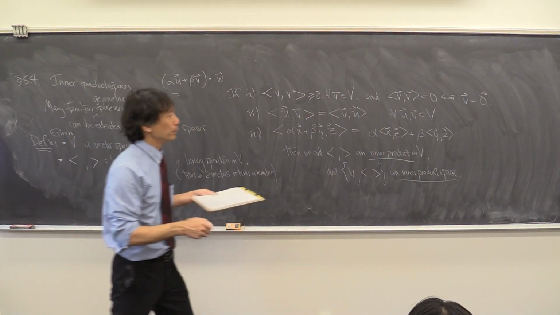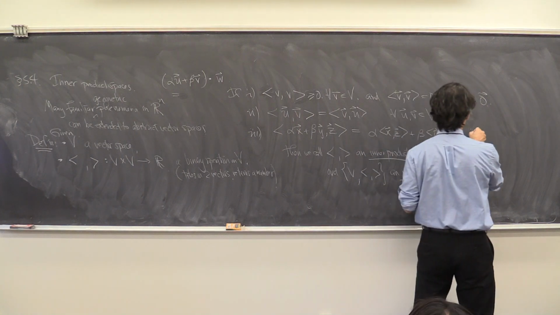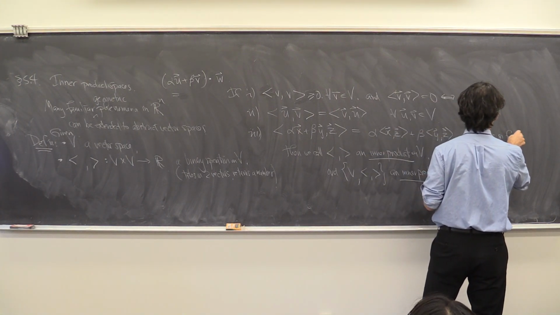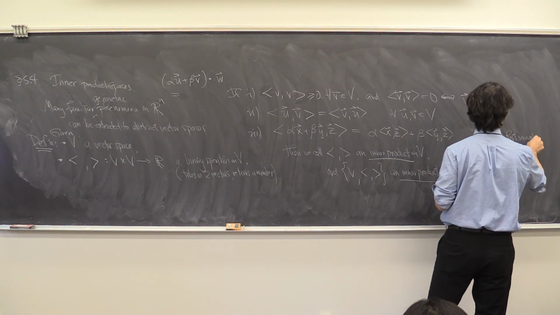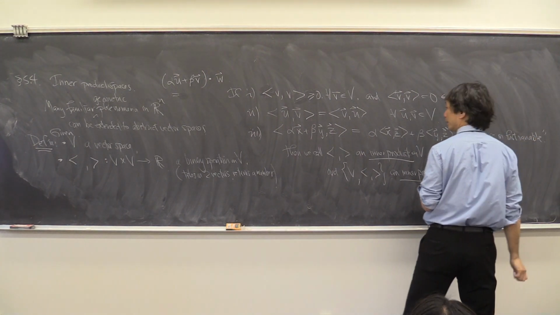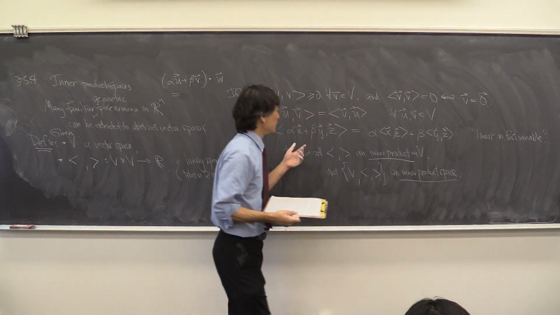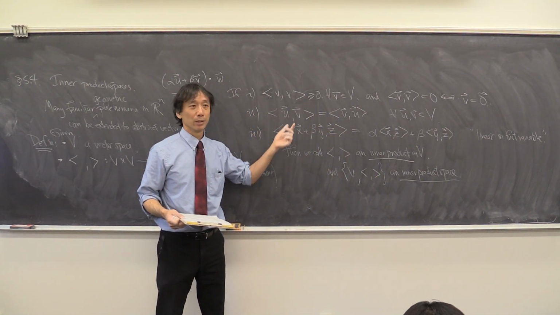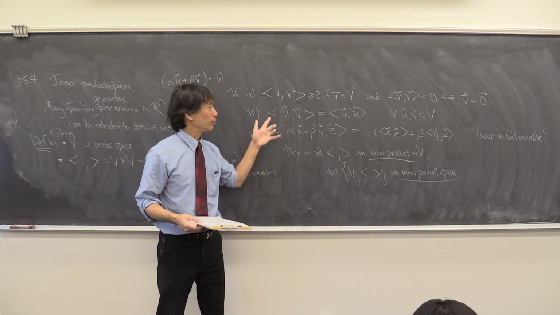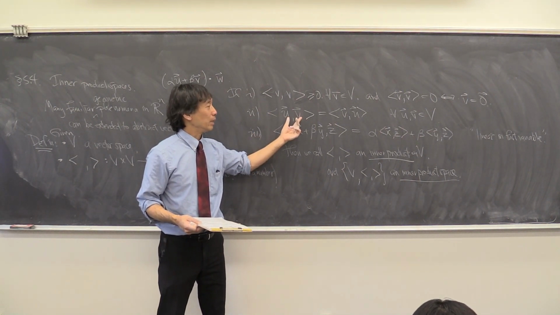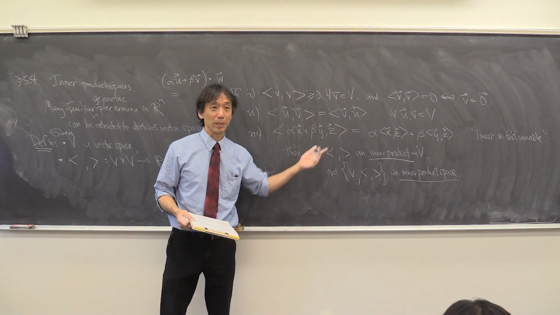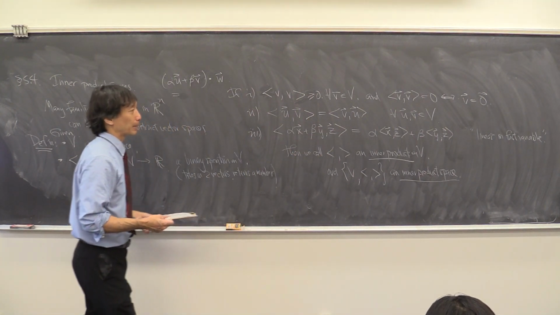So this is what we call linearity. Linear in the first variable. We don't need to specify that it's linear in the second variable because of commutativity. If it's linear in the first variable, it's going to be linear in the second variable.